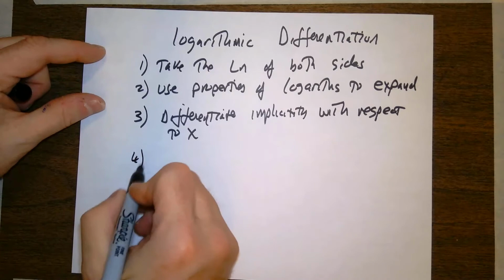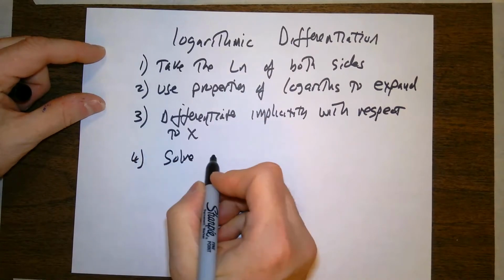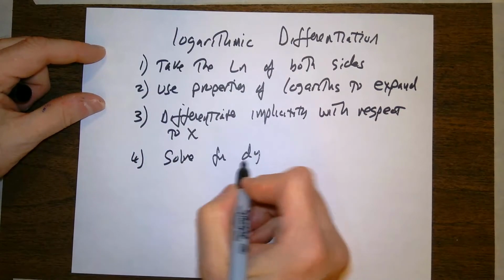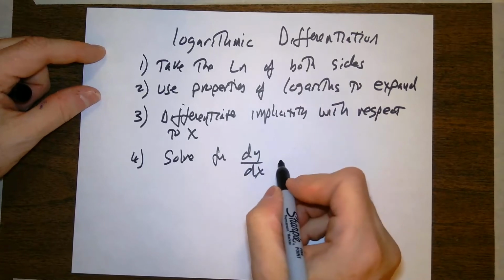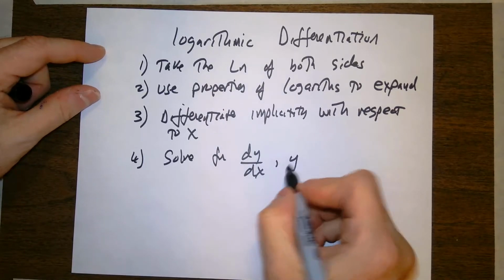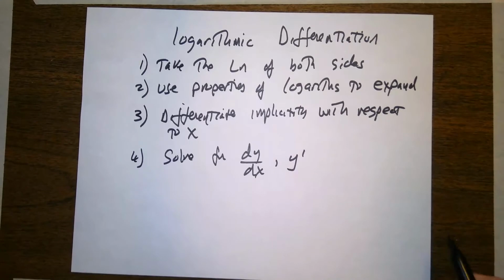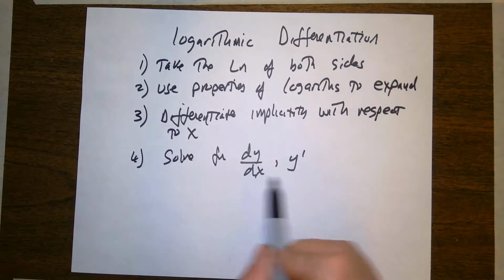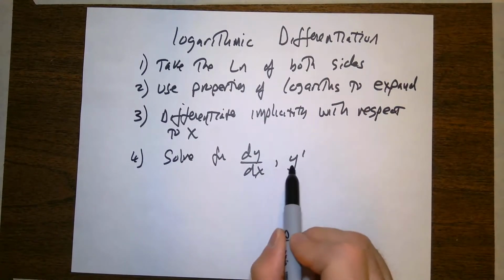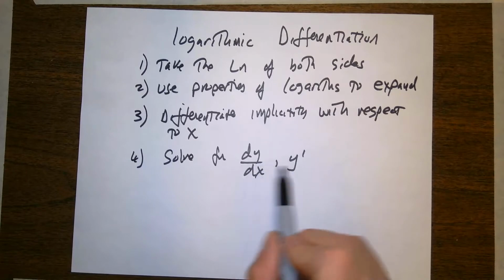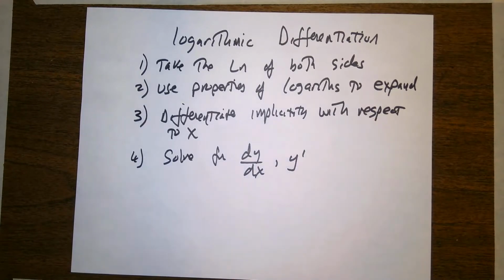And then finally, we want to solve for dy dx, or y prime. In these examples, I'm getting sick and tired of writing dy dx, so instead I'm going to write y prime. Remember, these are the same thing.